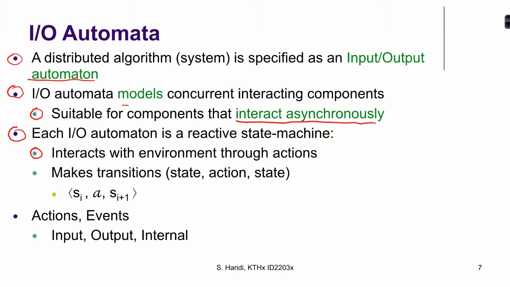And while it's interacting with an environment, it makes a transition. A transition means it moves from its current state to a new state through the action that it does with the environment. We have different classes of actions: input actions, output actions, and internal actions.